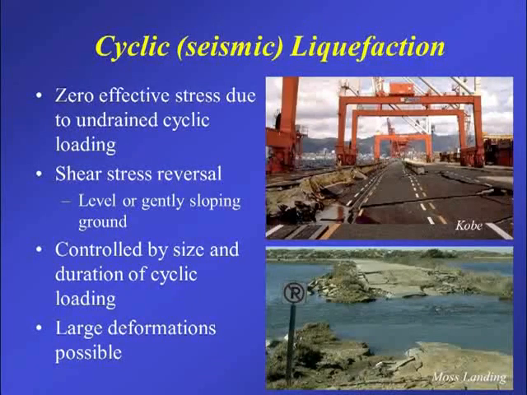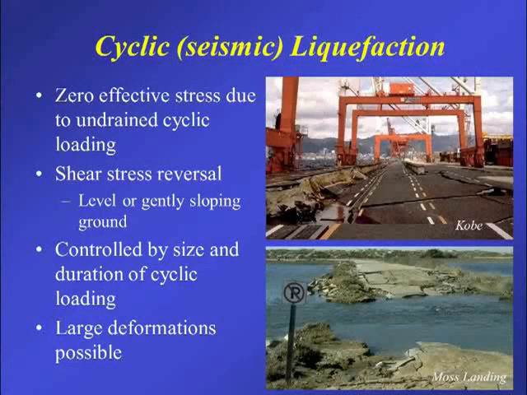So just a reminder again, last time we talked about cyclic liquefaction, and as I said, this is the condition of zero effective stress due to undrained cyclic loading, and you need shear stress reversal, and that occurs pretty well everywhere. Essentially on level ground conditions or gently sloping ground, but in a big earthquake it pretty well occurs in most places. The resulting liquefaction and the resulting deformations are controlled by the size and duration of the cyclic loading.